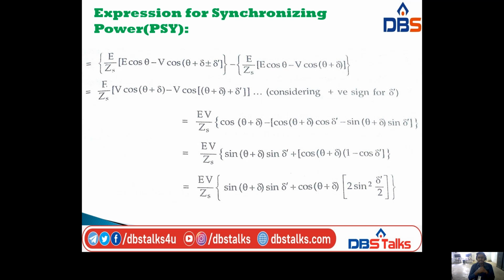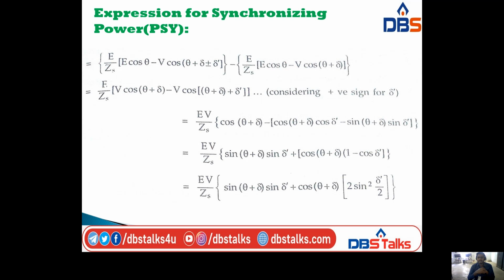So we have EV by Zs, taking V common, that is EV by Zs of cos(theta plus delta) minus cos(theta plus delta) into cos delta dash minus sin(theta plus delta) into sin delta dash.